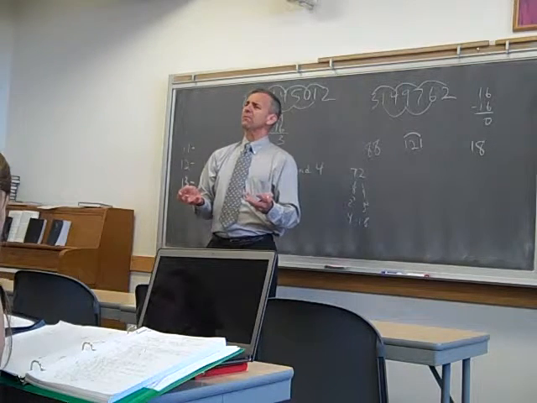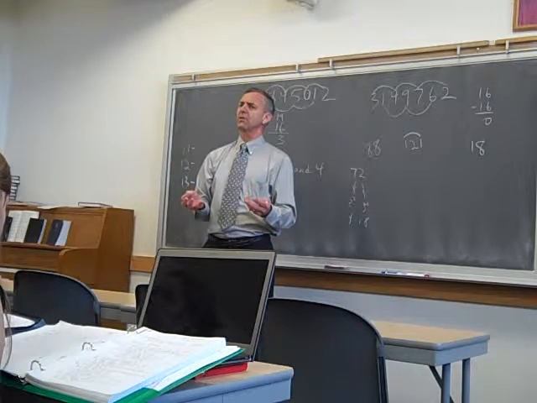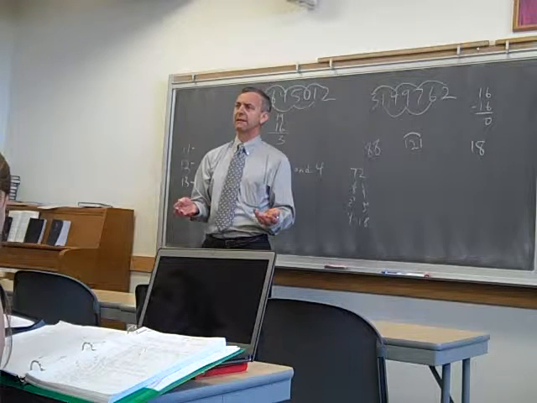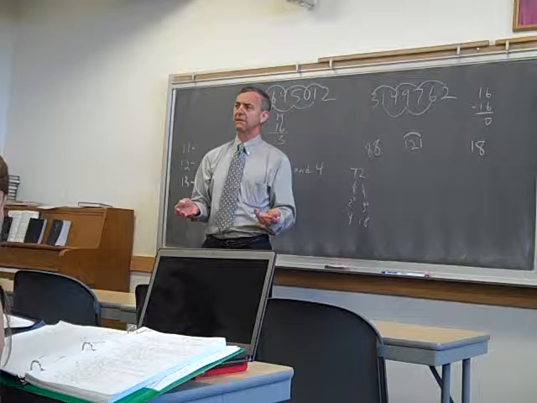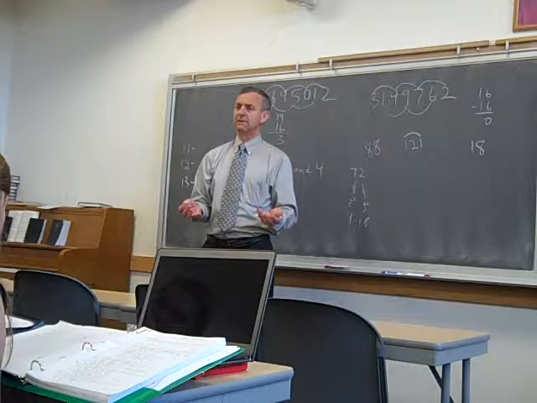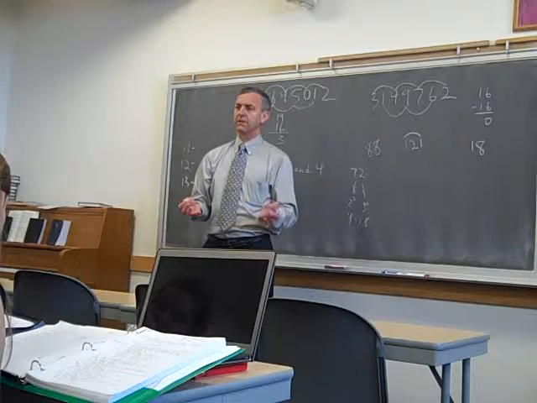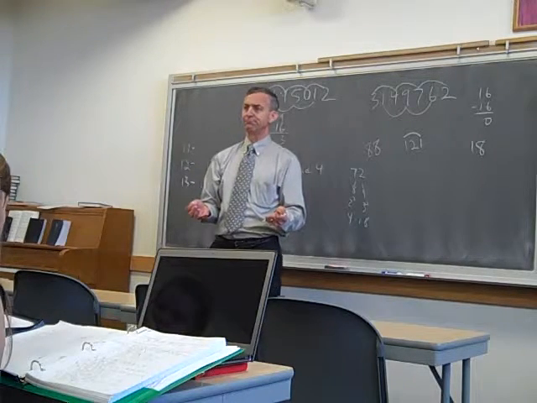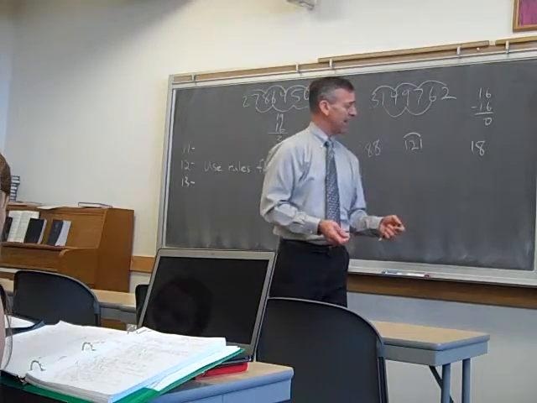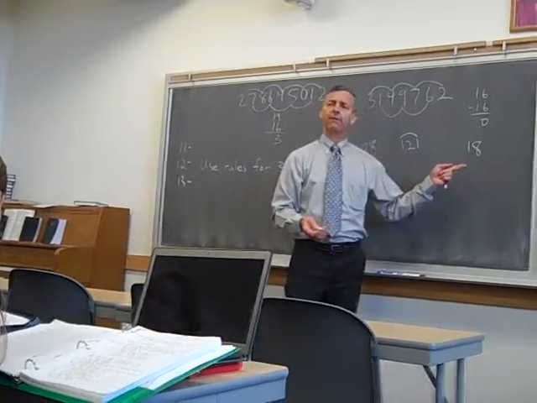So how do you know which factors to use? 3 and 6 didn't work. 2 and 9 did. Anybody? Here's the trick. It is a trick. It's a thing that the factors that you come up with.